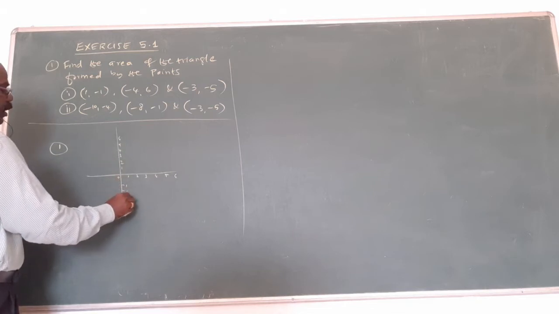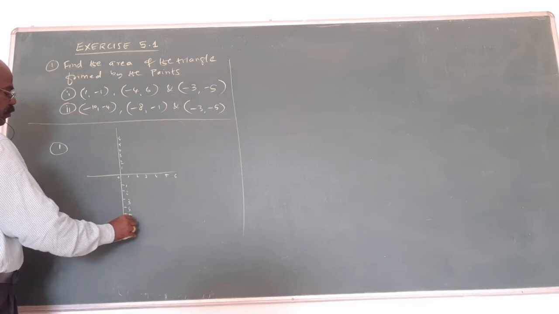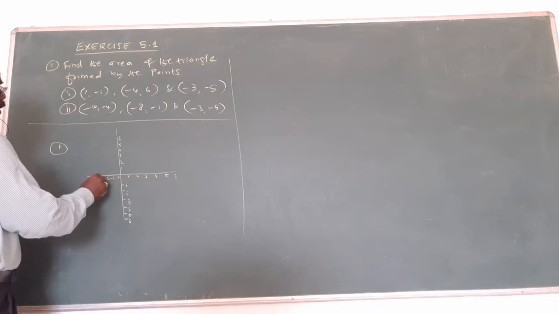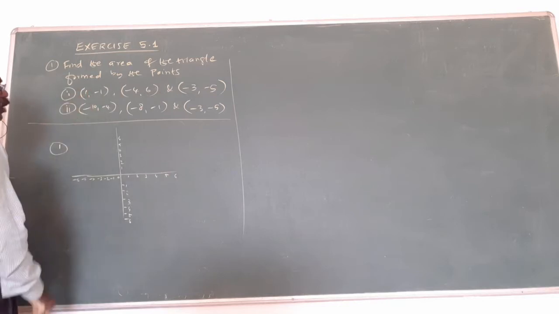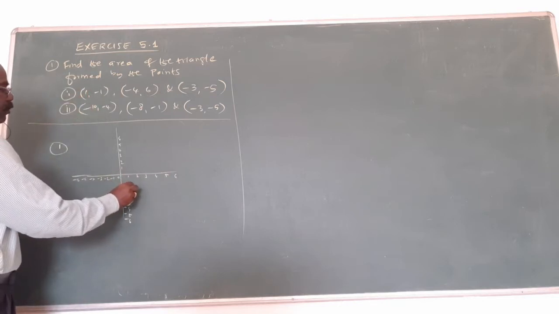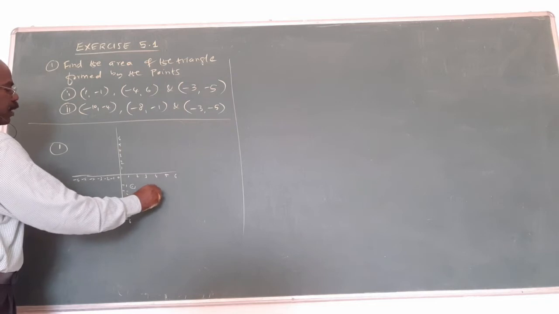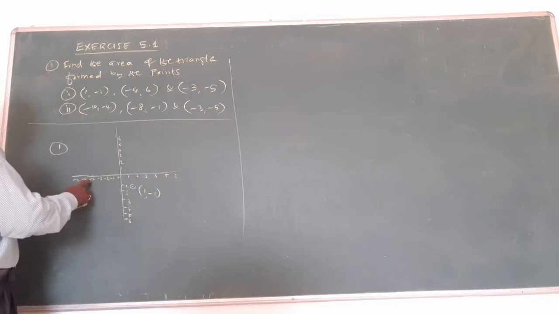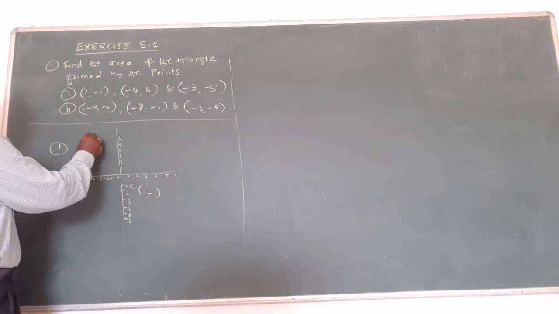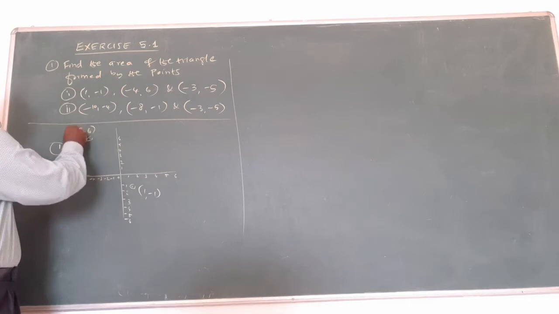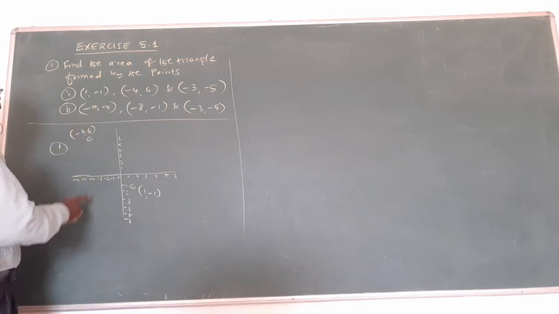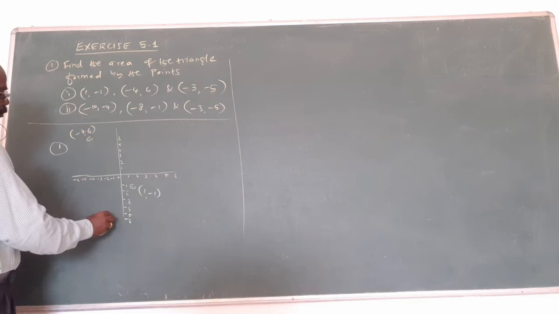Minus 1, minus 2, minus 3, minus 4, minus 5, minus 6. Where is the point (1, -1)? Here, 1 comma minus 1. Am I right? Minus 4 comma 6 here. Third point is what? Minus 3 comma minus 2 here.